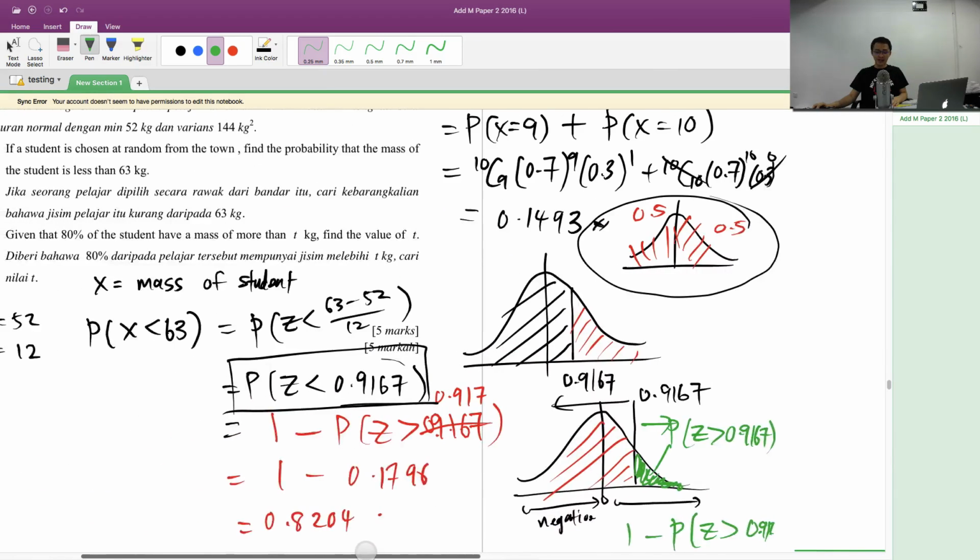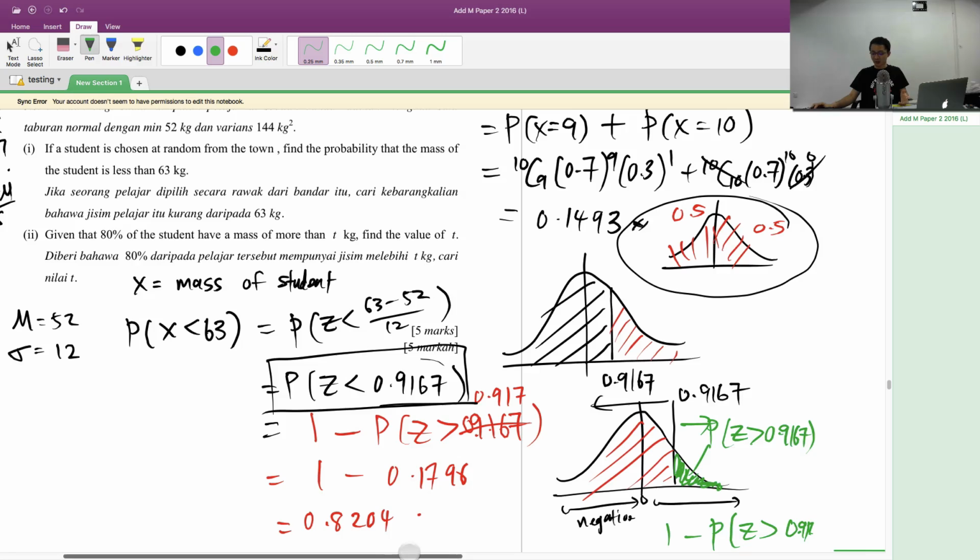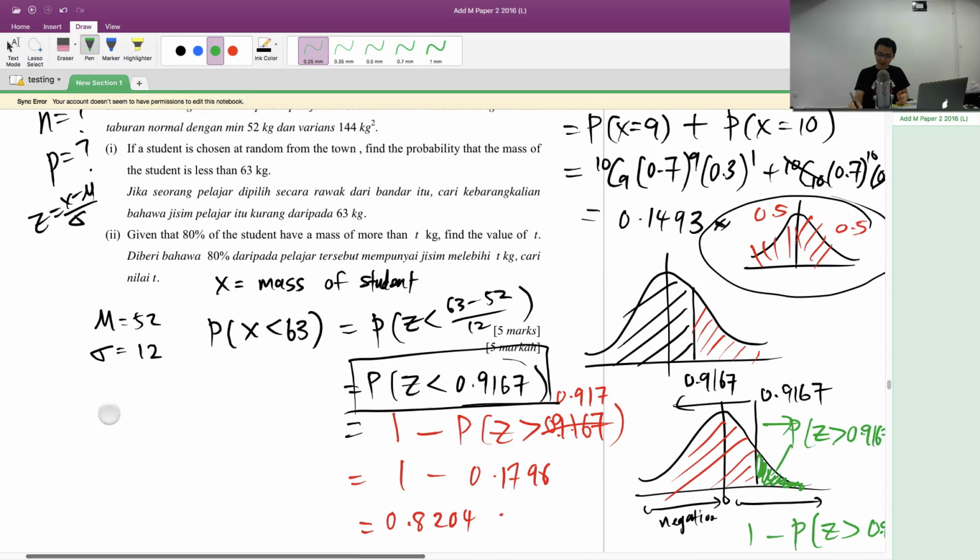Because when can you actually find the table? Normally you find a table if z is bigger than a, and a must be a positive value. Then you can straight away find the table. If you see less than, less than 5 or less than any value, you cannot straight away find the table.